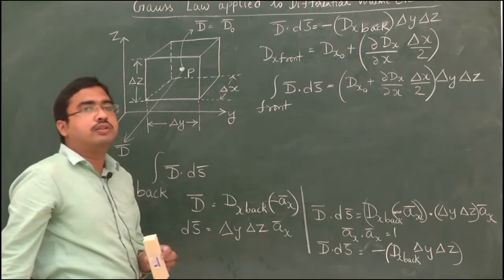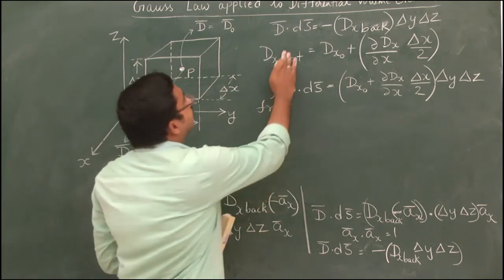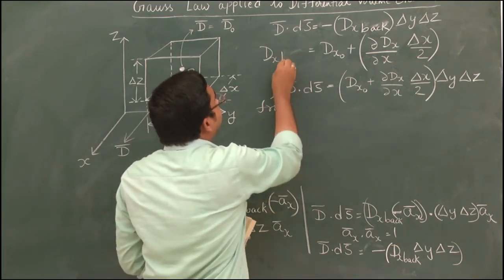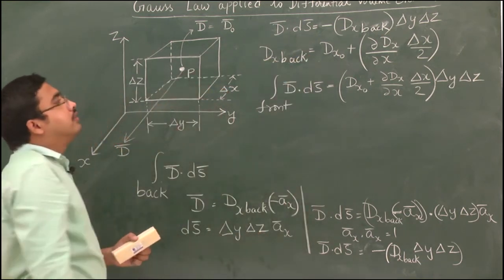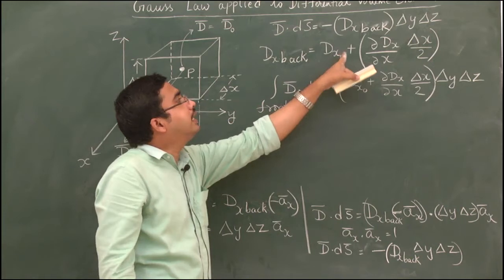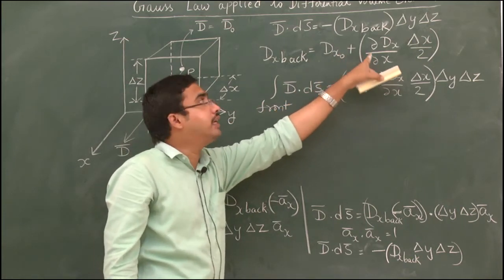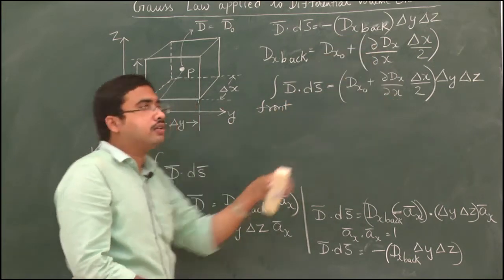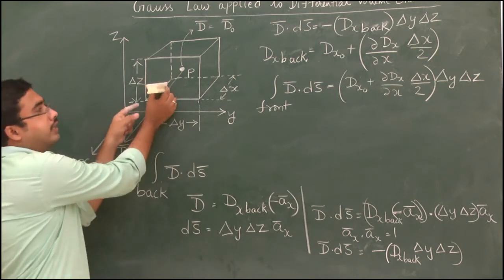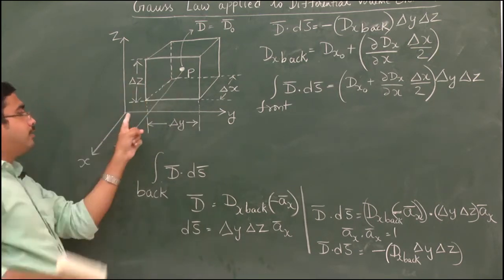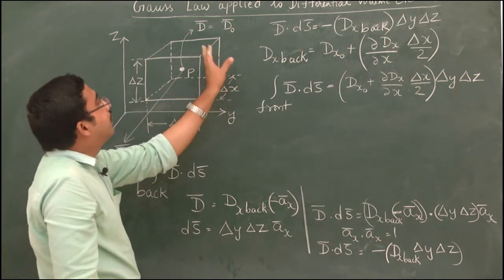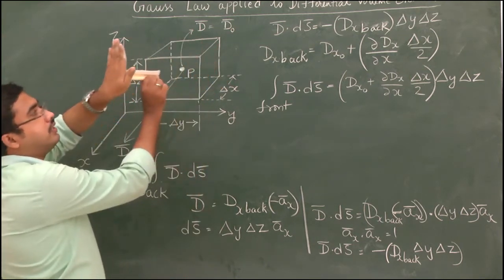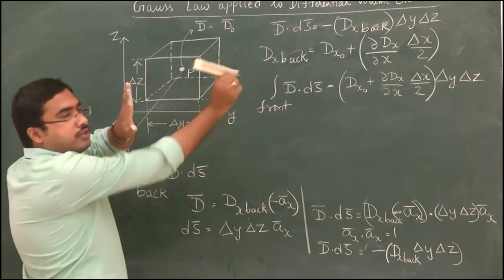If you are doing it from the back side, the rate of change of Dx will be negative, because if you are looking from the front side, D bar will be varying towards the positive x direction. If you are looking from the back surface, D bar will be varying in the opposite direction.